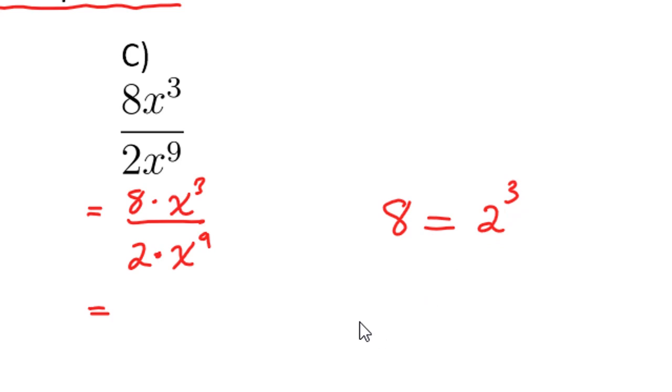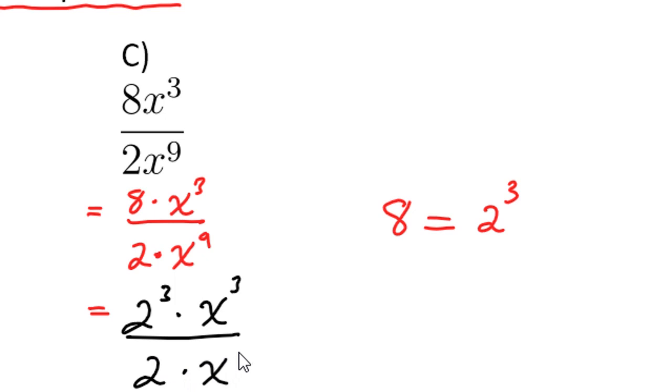That would be 2 to the third power, 2 cubed, because 2 times 2 is 4, times 2, that's 8. So if we wanted to, we could change that 8 and make it 2 to the third times x cubed divided by 2 times x to the ninth.